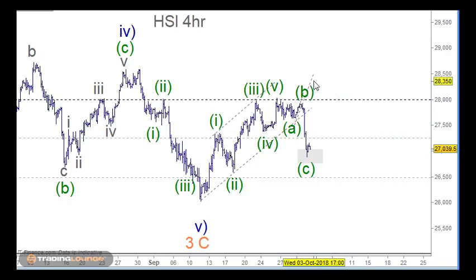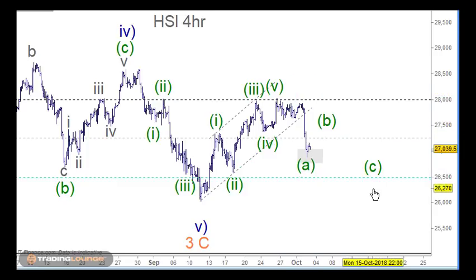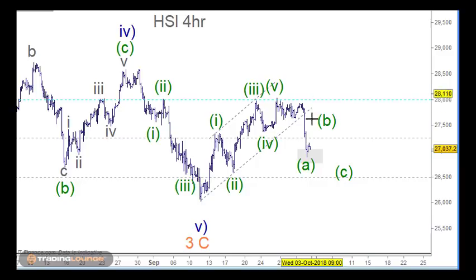But let me just clean this up here. If that's not the case and that is a truncated 5th wave here, then we would need to look at this as the A wave here, and then a B wave coming back up here, and a C wave pulling back down here. But that would leave the A wave pulling back this far.